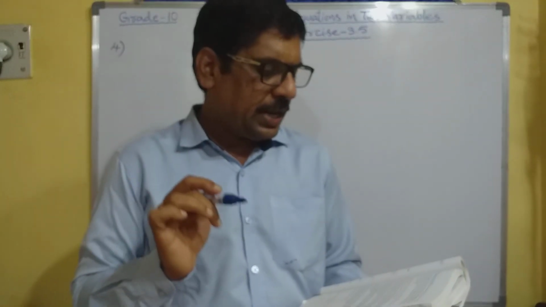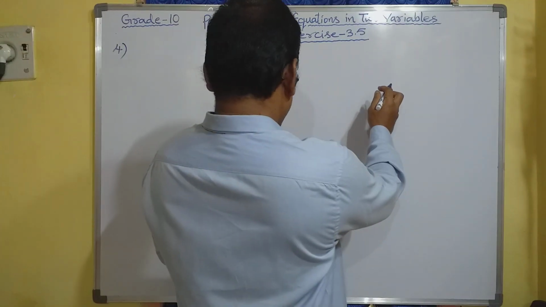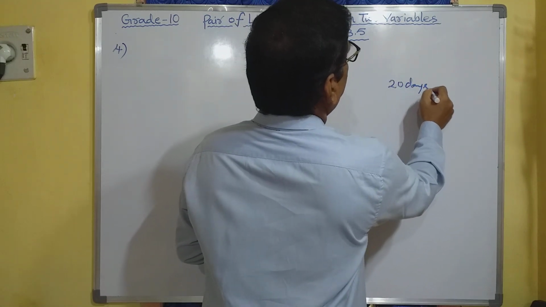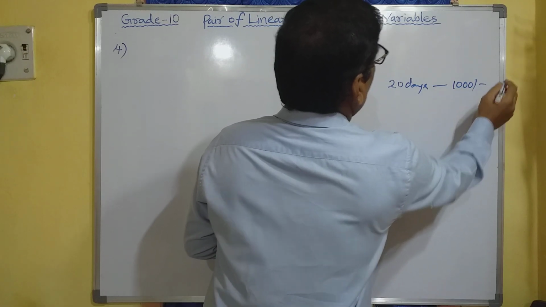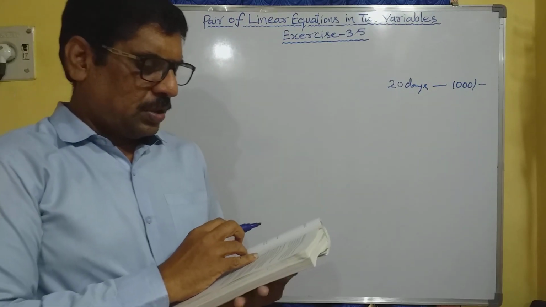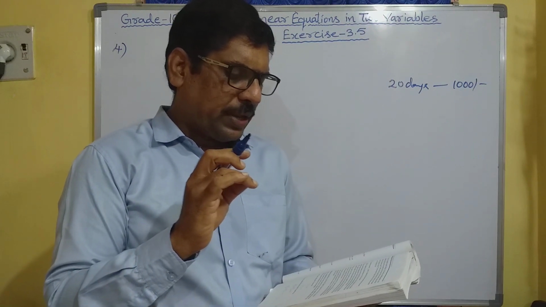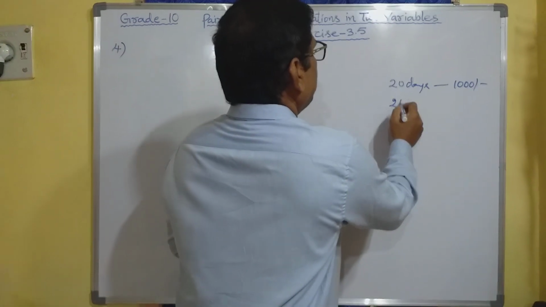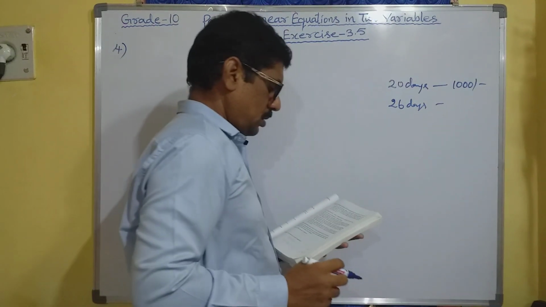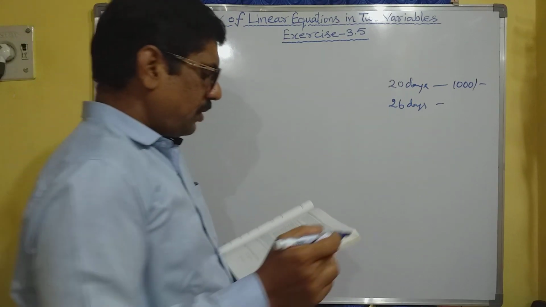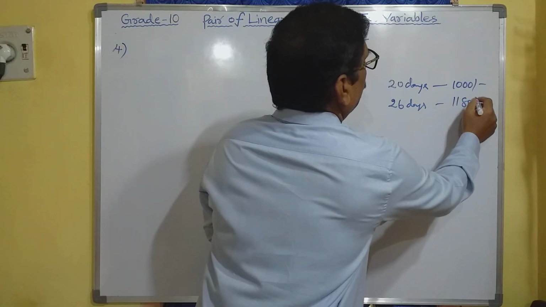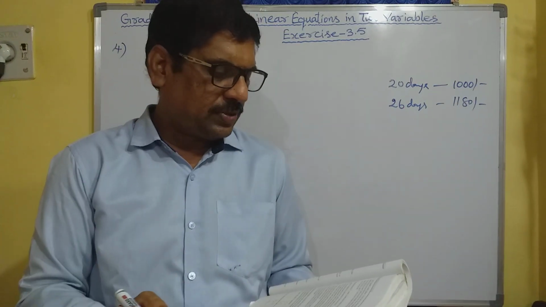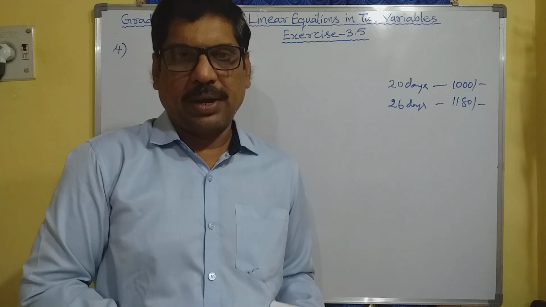When a student A takes food for 20 days, he has to pay 1000 rupees as hostel charges, whereas a student B who takes food for 26 days pays 1180 rupees as hostel charges. Find the fixed charges and the cost of food per day.